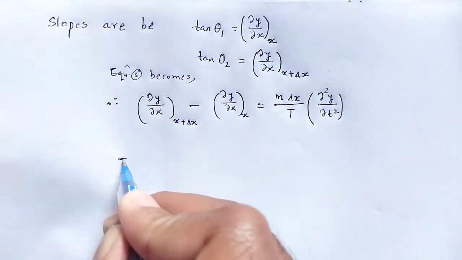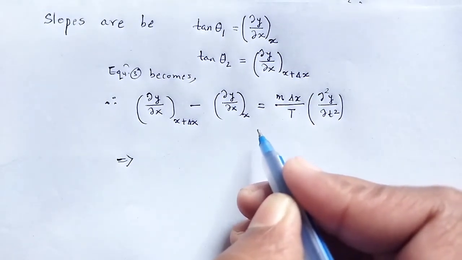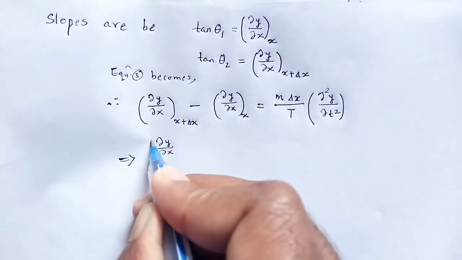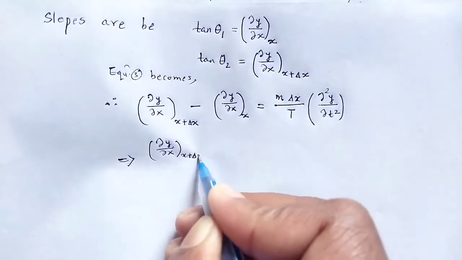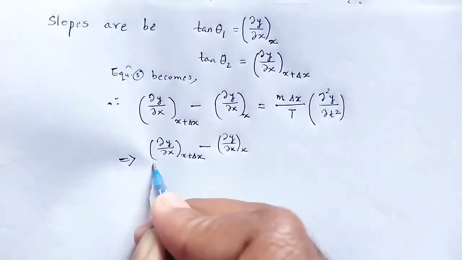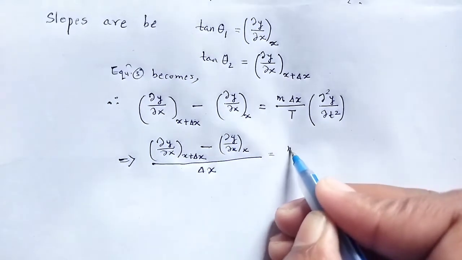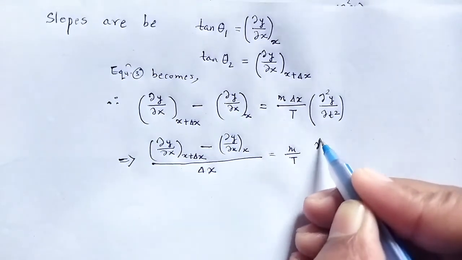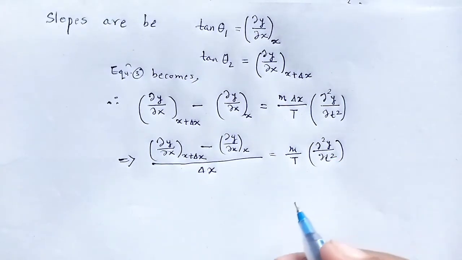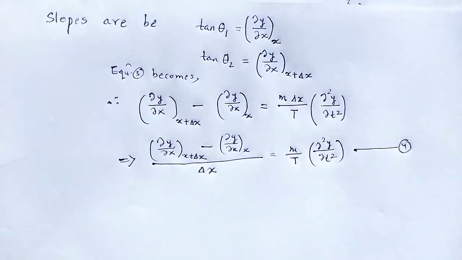Dividing by del x on both sides, del y by del x at x plus delta x minus del y by del x at x, divided by del x, is equal to m by T del 2y by del t2. Let that be equation number 4.